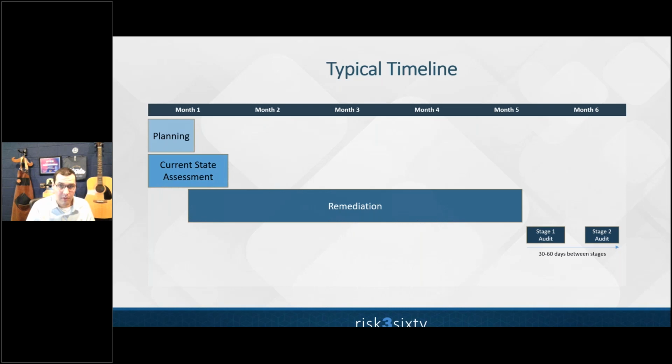Usually, we see companies take 4 to 6 months to get through all their remediation efforts, and then you go into your stage 1 audit with your certification body. 30 to 60 days later, you'll go through stage 2 and complete your certification audit.